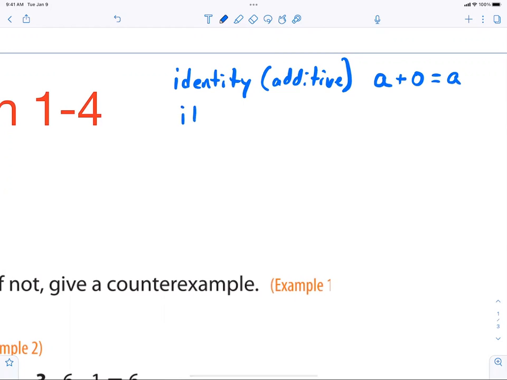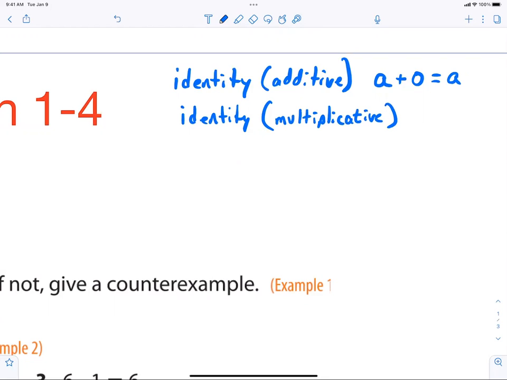Now, the other identity, which has big words here, instead of saying multiplication identity, they used a fancy word, but you don't have to write it. It's called the multiplicative identity.